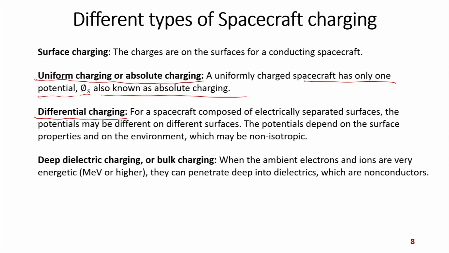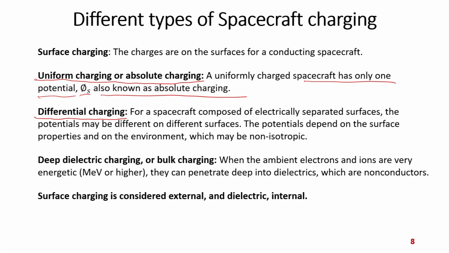At those events, those charges can penetrate the spacecraft, the dielectric material or the circuit board, deep into the dielectrics, which are non-conductors. This we will also discuss in the next slide. Surface charging you can consider external, whereas deep dielectric charging is internal charging.